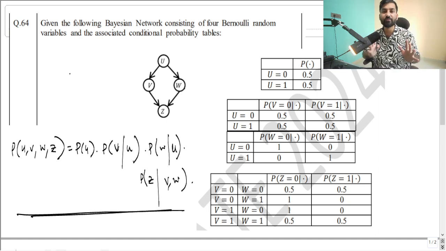So it was a very simple question, and you just have to find probability of U equal to 1, V equal to 1, W equal to 1, G equal to 1.